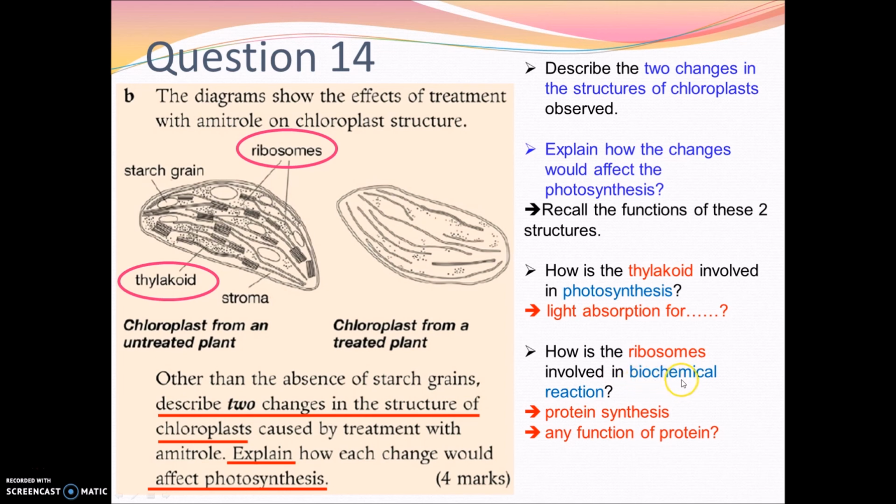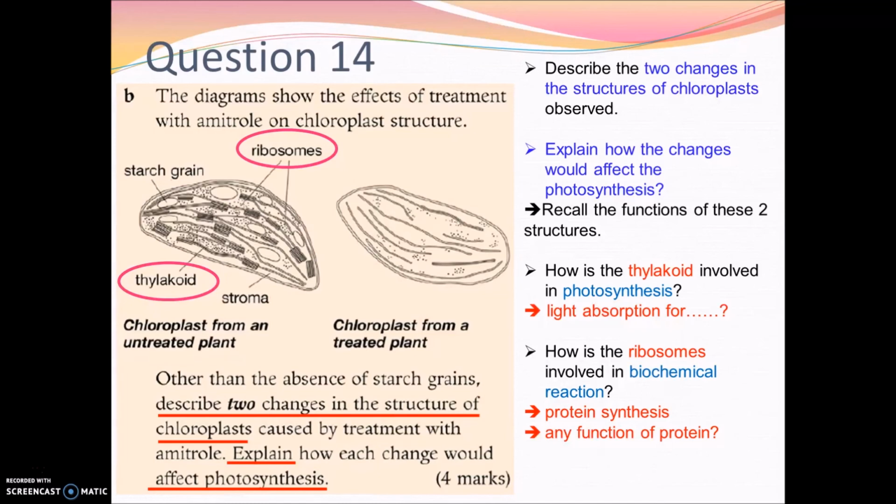For the ribosome, according to the chapter on cell structure, you should know that ribosomes are responsible for making protein. So for protein synthesis, consider any function of protein in the plants that is related to photosynthesis, this type of biochemical reaction. That's something you need to know.